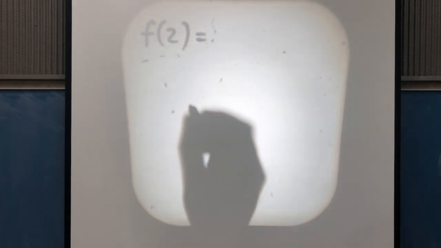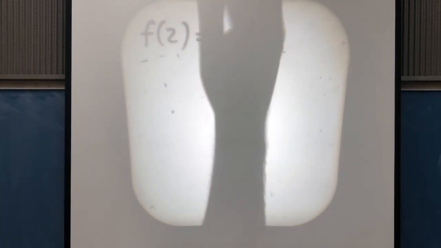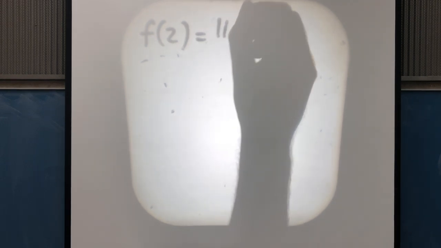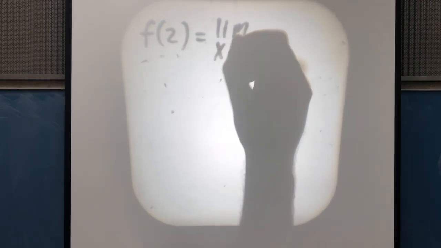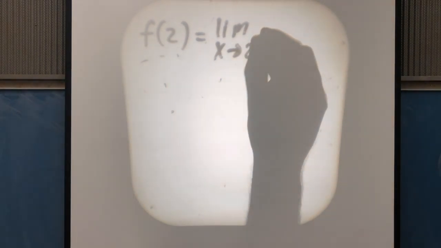So f of 2 equals the limit as x approaches 2 from the right.